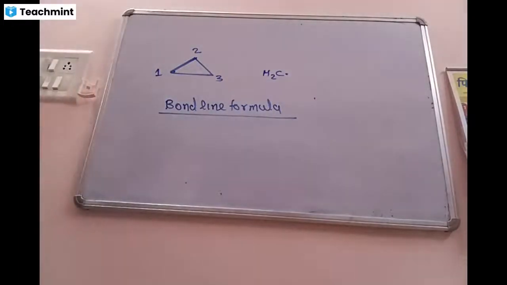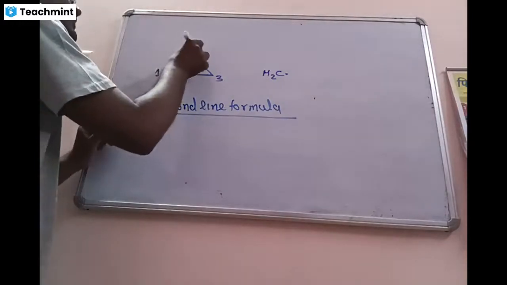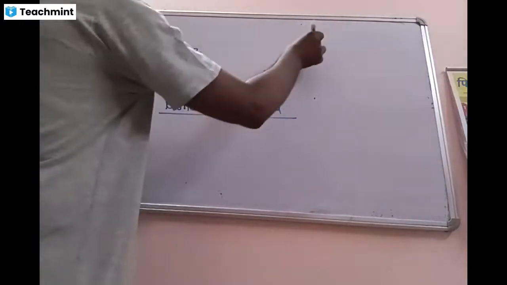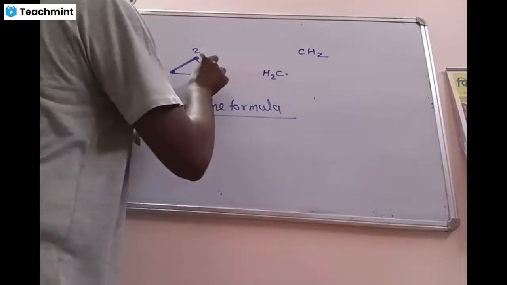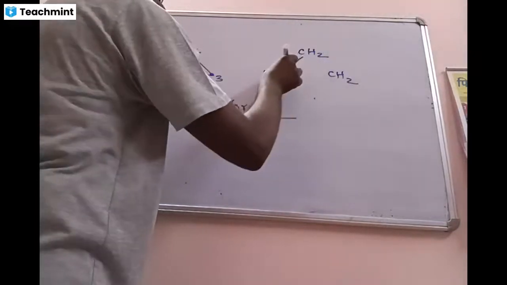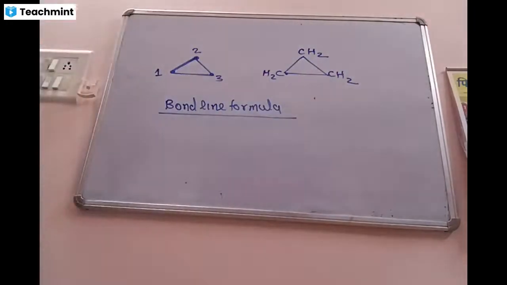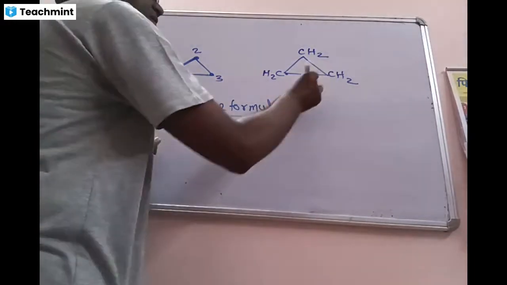That represents CH2, one carbon and two hydrogen atoms. You go for point number 2, then that will be again CH2. Again, this is the intersection of two lines, again CH2. So can I write like this? Yes. Is it a propane?